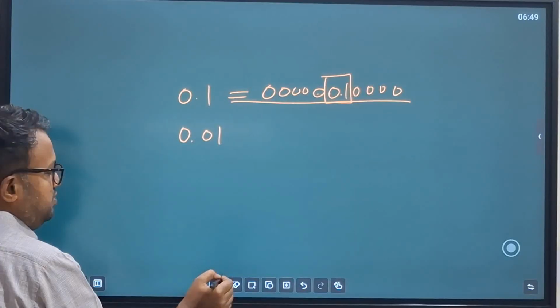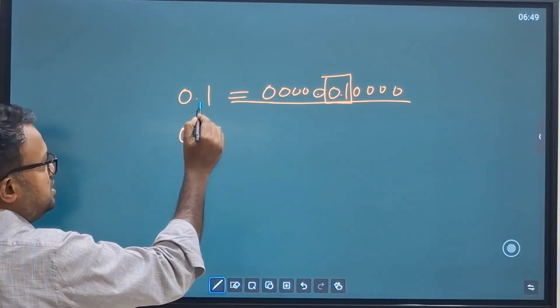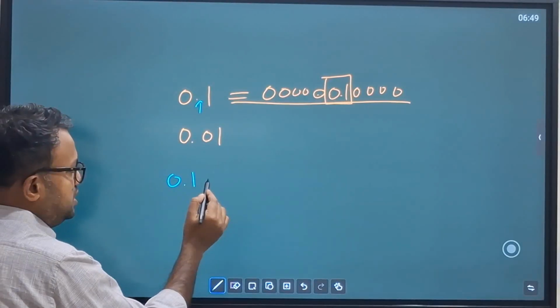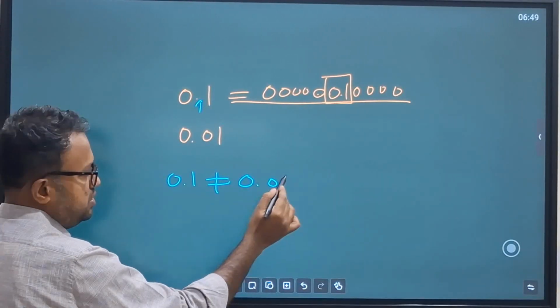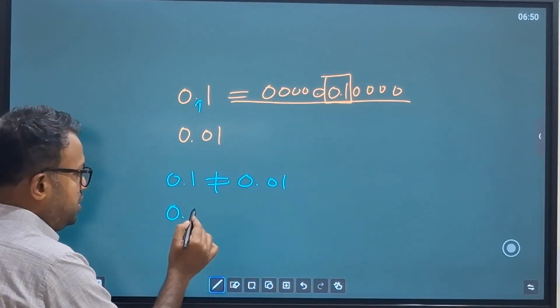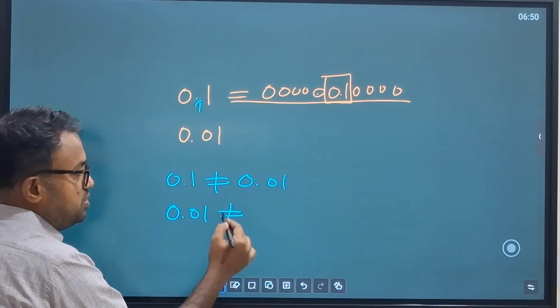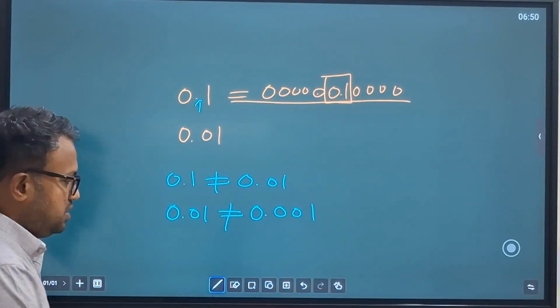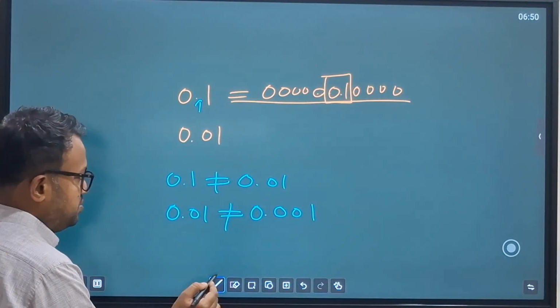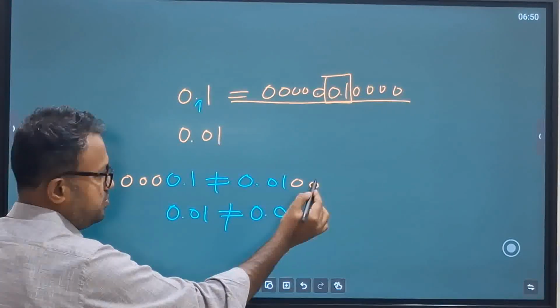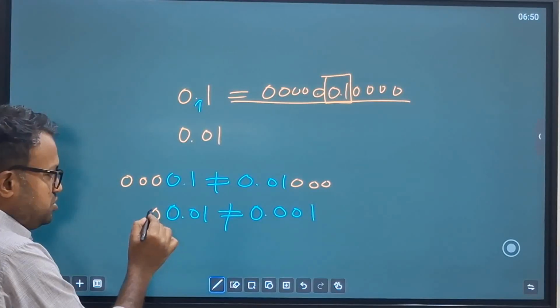Can we write any number of zeros before it? No, the meaning changes. 0.1 is different from 0.01, and 0.01 is different from 0.001. Both are different. If you want zeros, you can add them after the 1.